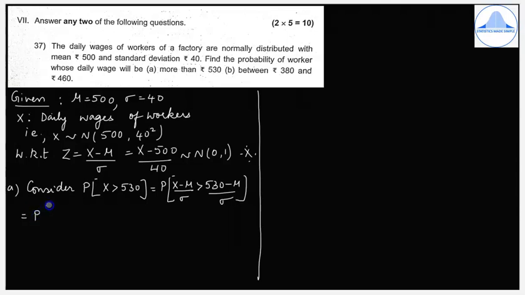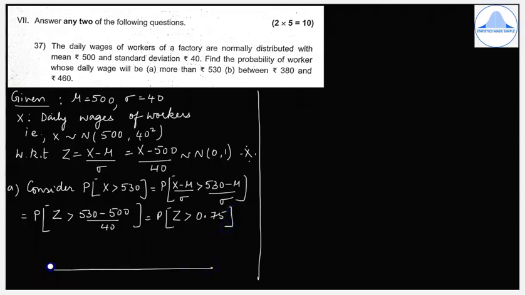So this is probability of x minus mu by sigma, which is nothing but z, is greater than 530 minus 500 divided by 40, which is equal to probability of z greater than 30 divided by 40, which will be 0.75.